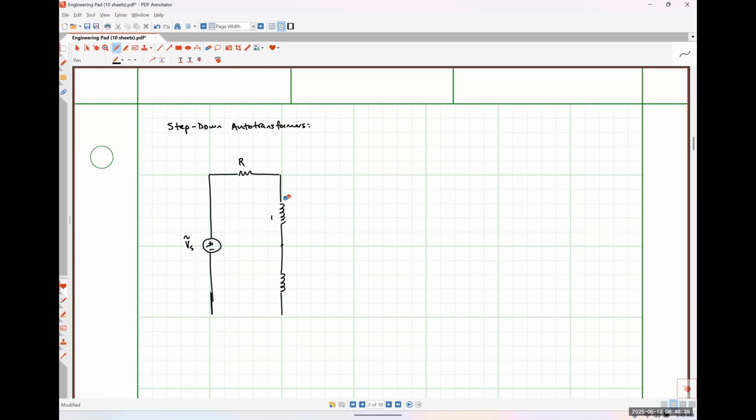Actually, let me move those guys over here. And these guys represent an ideal transformer. And once again, realistically, this is all just one large coil having N1 plus N2 turns, and it's just tapped somewhere in the center. And then our load is going to be connected over here.